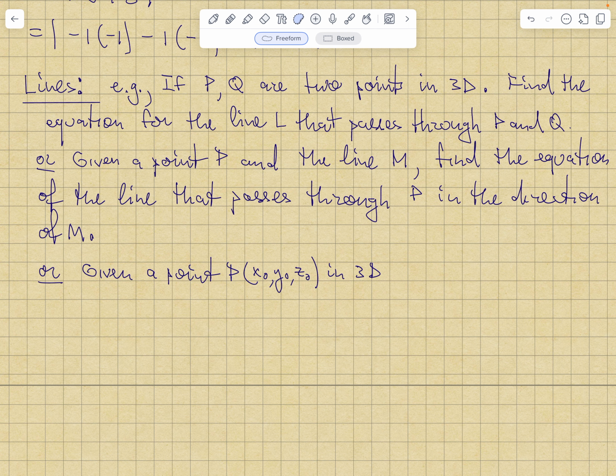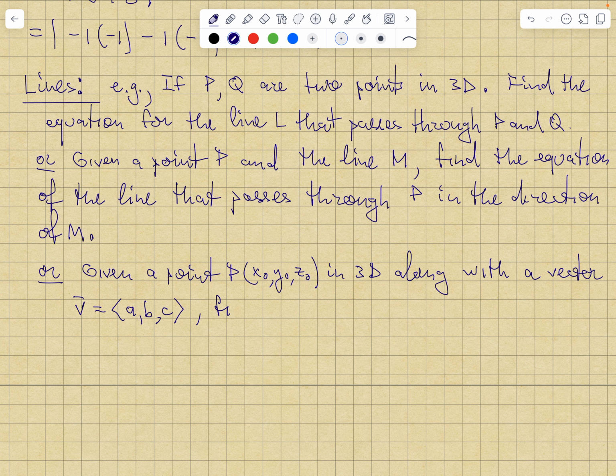So say along with a vector v, and this one with components a, b, c, I want to find the equation of the line that passes through P in the direction of v.